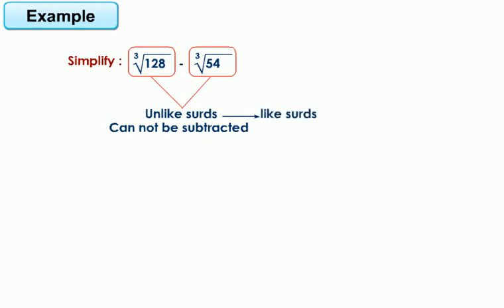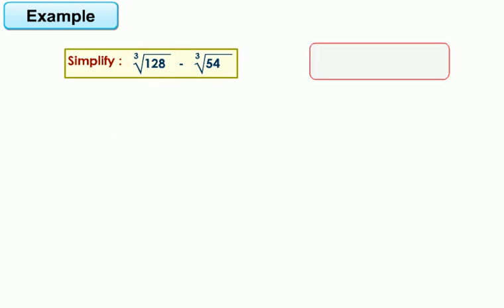For this, let us factorize 128, which is equal to 4 into 4 into 4 into 2, and write cube root 128 as cube root of 4 into 4 into 4 into 2.